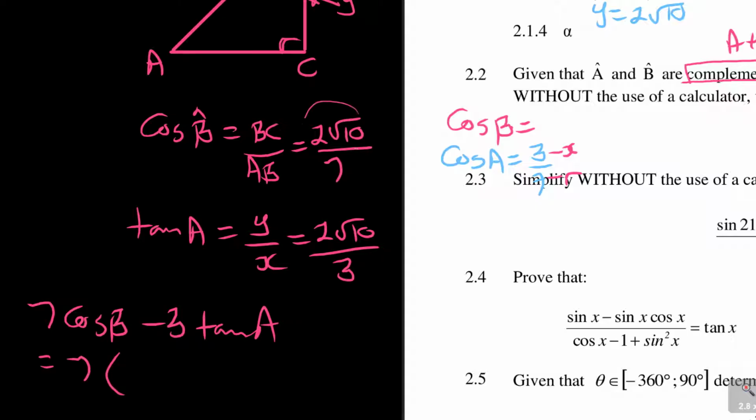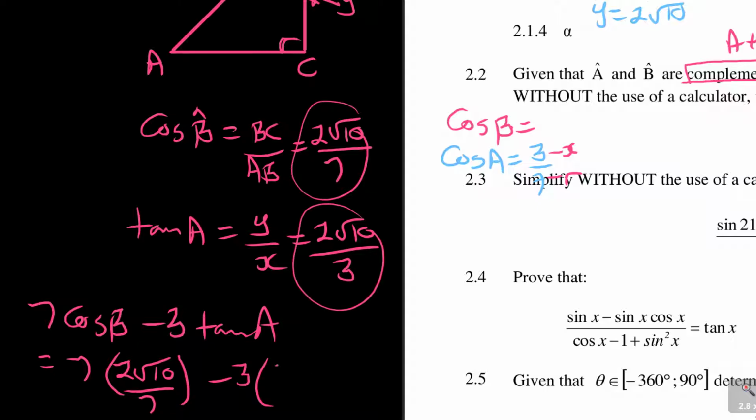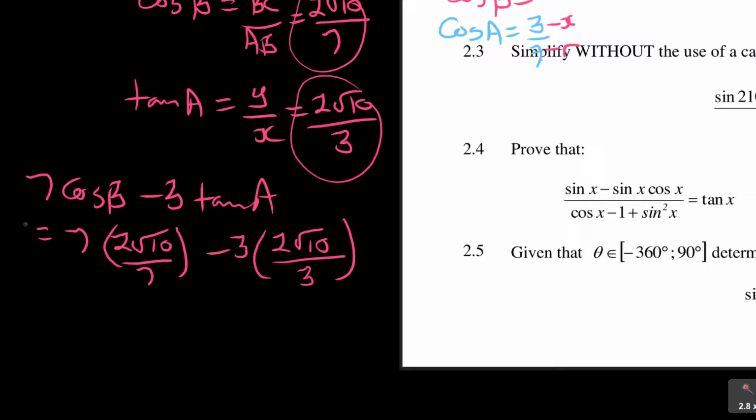Now cos B, I write that, which is 2√10/7, minus 3. Then I write that for tan A, which is 2√10/3. So that's what I'm writing there. And then you cancel out that. You cancel out that. So the answer is what?